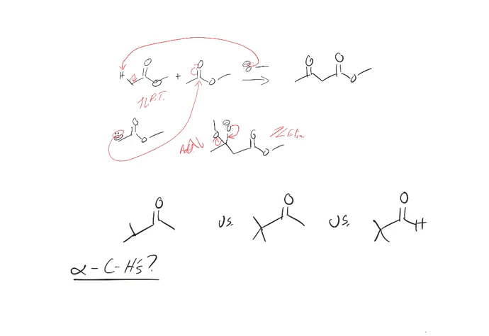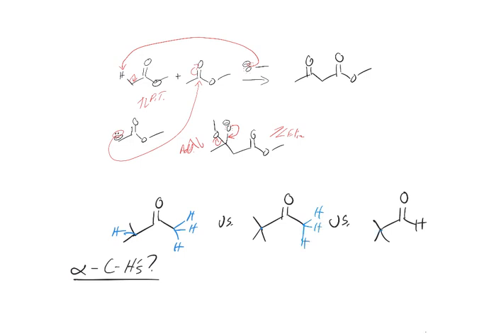So the first thing you have to do is identify the alpha CHs. In this molecule, there's one, and then there's three more over here. On this molecule, there's none there, and there's three here. And on here, there's none there and none there.